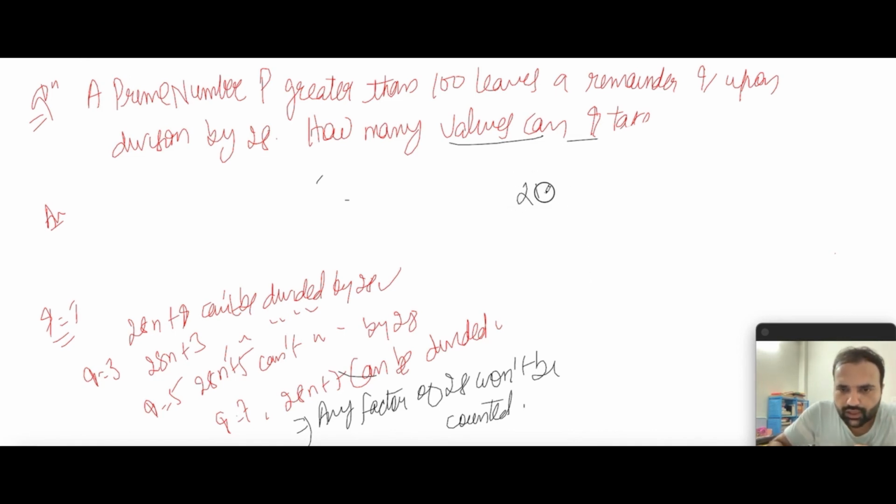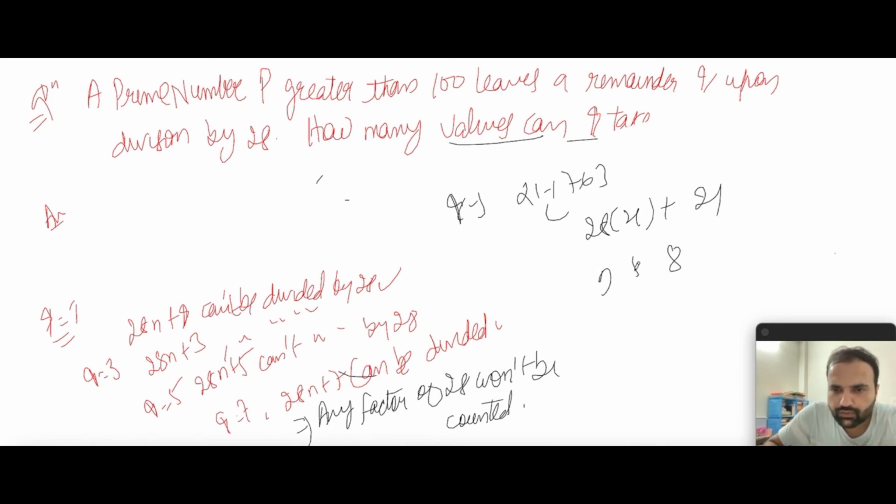Because 21 is again 7 into 3, so this situation should not satisfy our condition. So for 28N plus 21, let's say, we can take Q equal to 21.